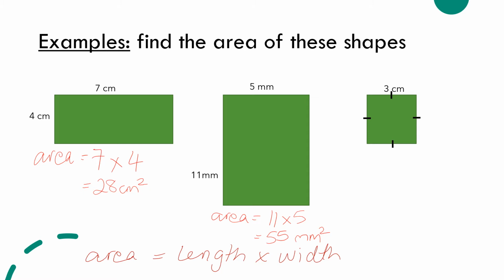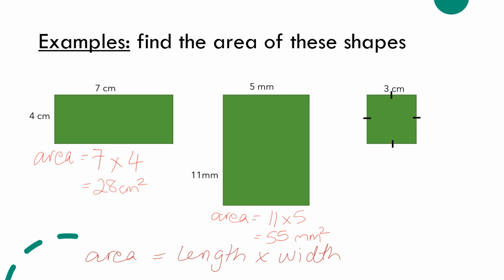And for the final one, this one looks a bit different because it's only got 1 dimension given to you, but hopefully some of you recognise those black dashes on each of the sides. That means that every side with that dash is the same length. In other words, that shape has 4 equal sides. Hopefully some of you will recognise that as a square.